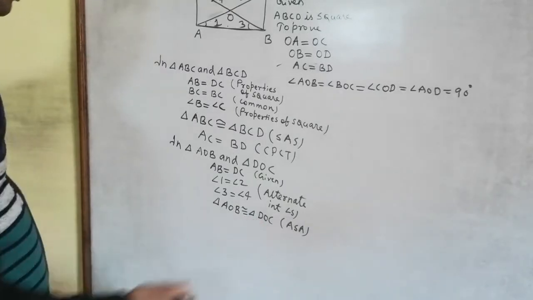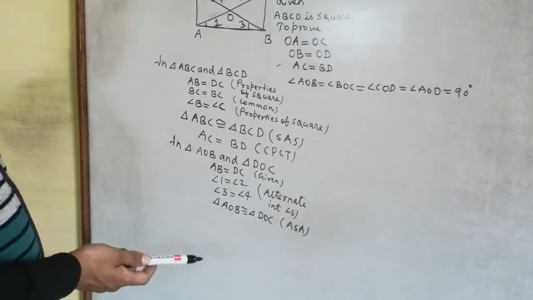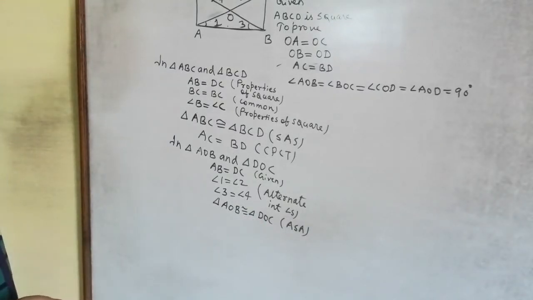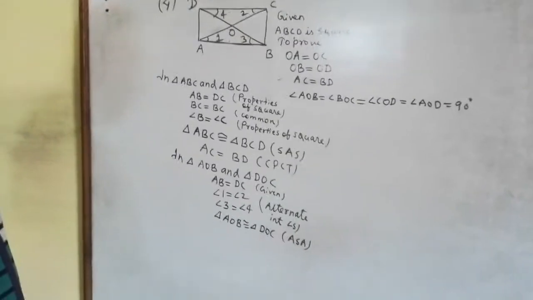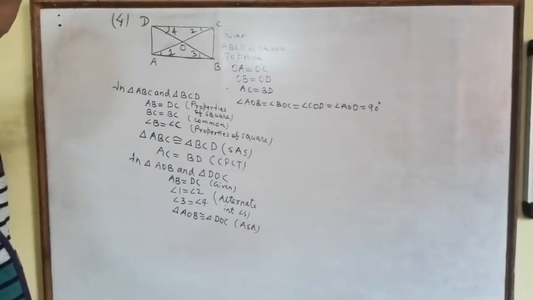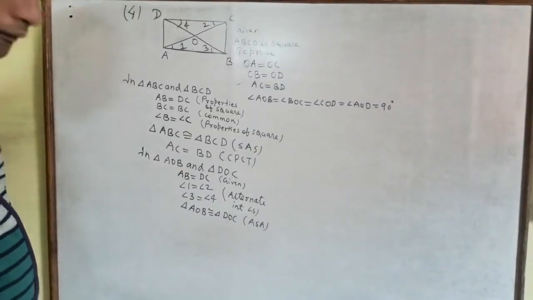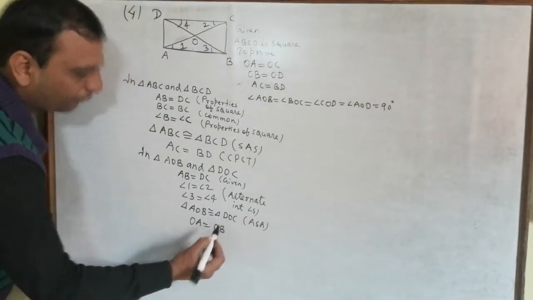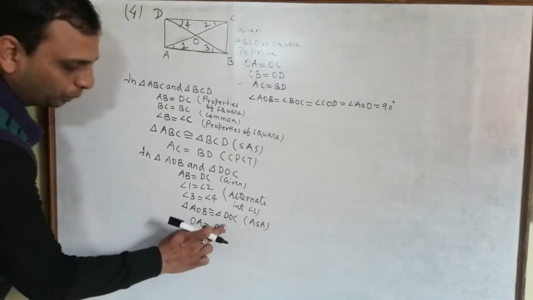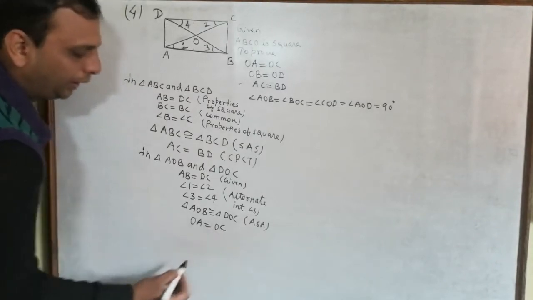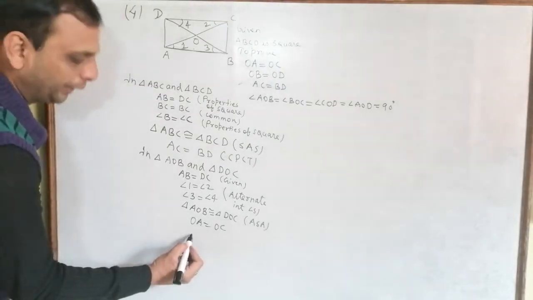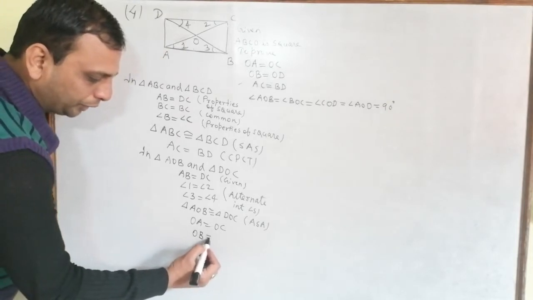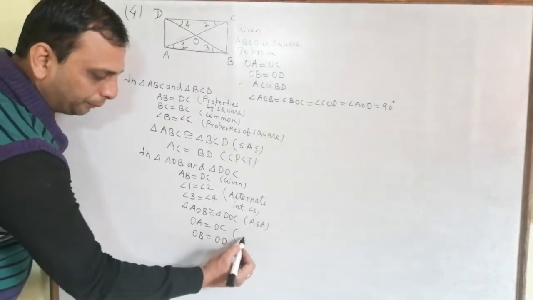If these two triangles are congruent by ASA criteria, then definitely the corresponding parts will be equal. So on this basis we can write OA equal to OC, and OB equal to OD. This proves the question by CPCT.